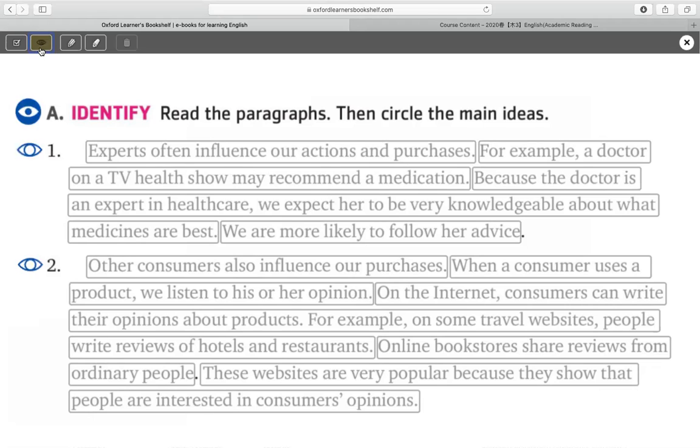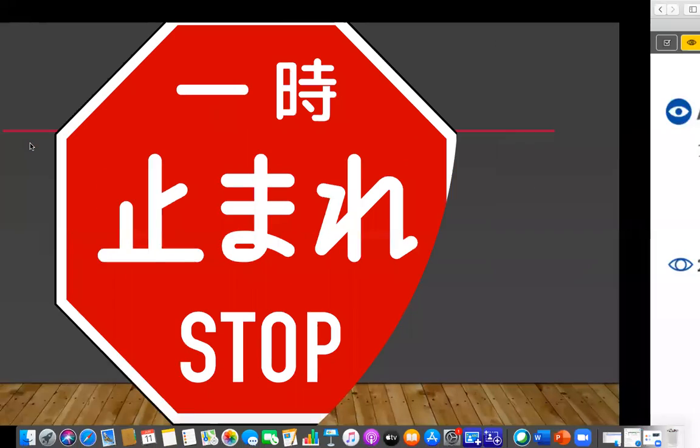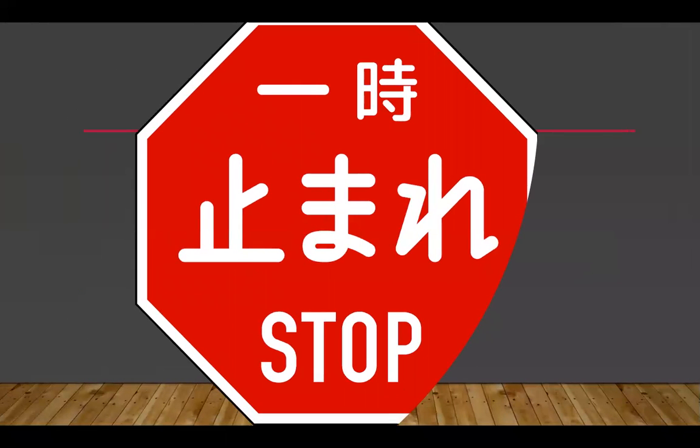That's the first sentence. Experts often influence our actions and purchases. Similarly, please stop the video here and read the second paragraph. After reading the second paragraph, underline the main idea and come back to play the video again.